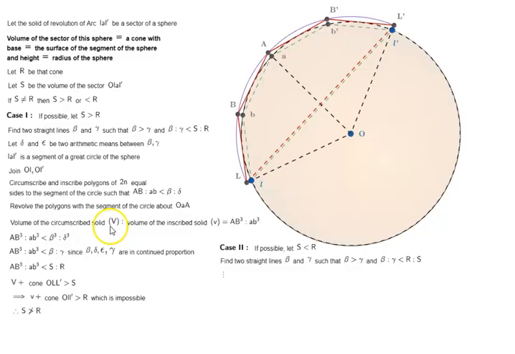Then the volume of the circumscribed solid B is to the volume of the inscribed solid b is equal to AB cube is to AB prime cube.